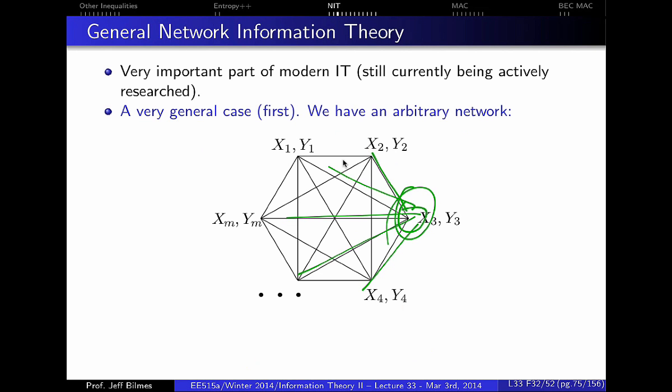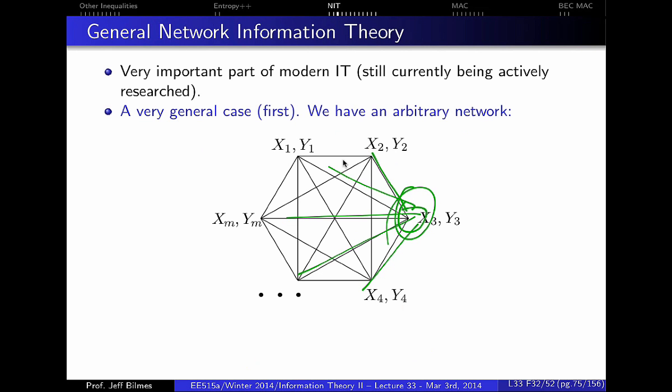Now, the region is no longer just a point. It's no longer to say that there's a capacity, but we're in n-dimensional space, and each point in this n-dimensional space corresponds to a set of rates. You can either say, yes, this set of rates is achievable, or no, it's not achievable. So you still partition this space into achievable versus non-achievable regions. But the question is, how do we characterize this n-dimensional space?